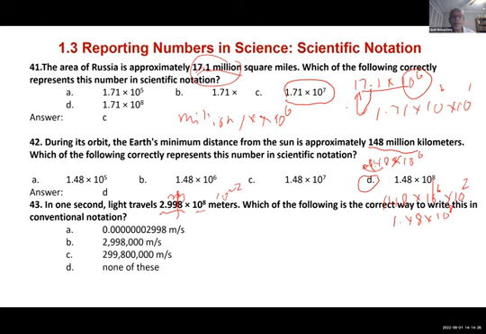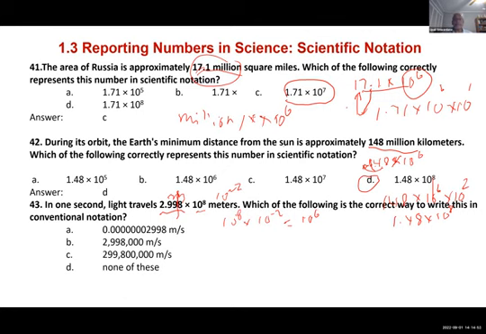So 10 to the 8, negative 2 is 10 to the 6, 8 minus 2.